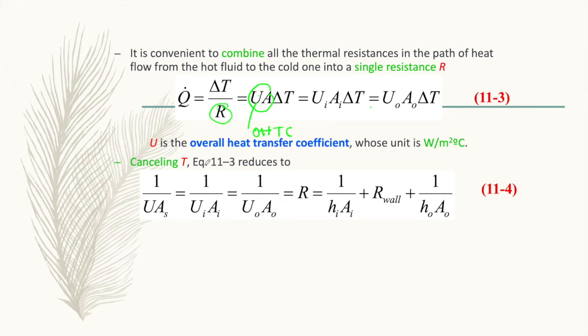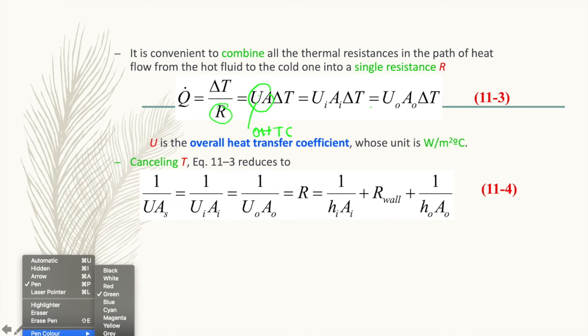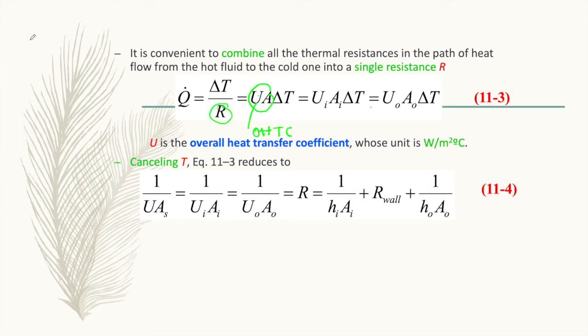And R total here is equal to 1 over UAs, where U is the overall heat transfer coefficient times the surface area.